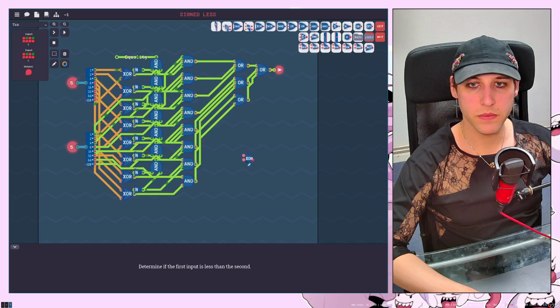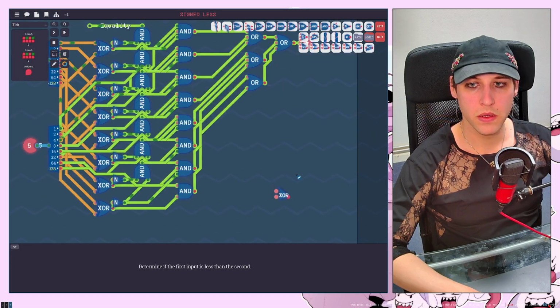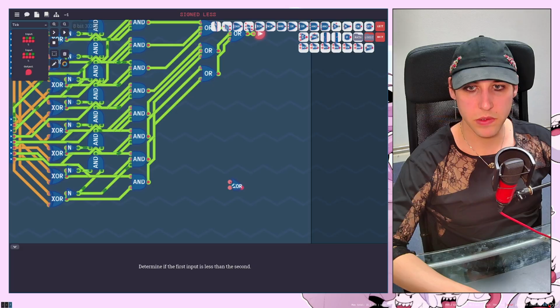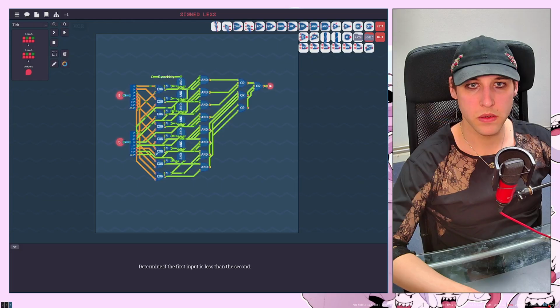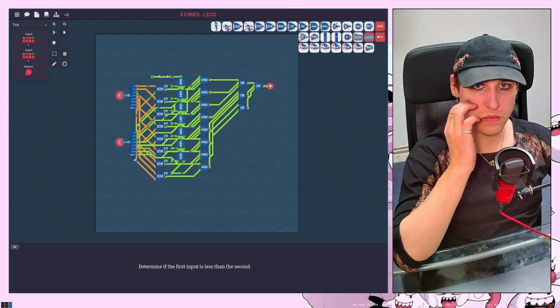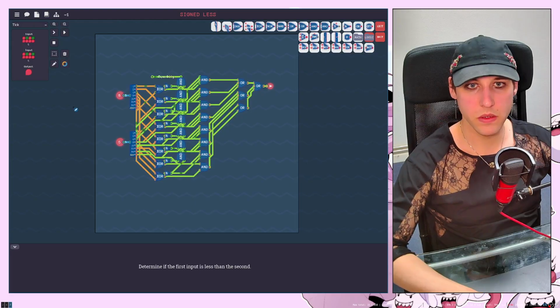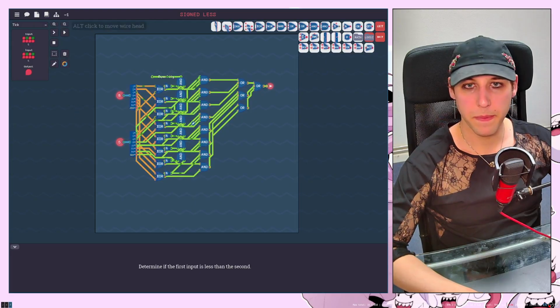Maybe we can also use this component. Well, we could determine where the first byte differs, the first bit differs.